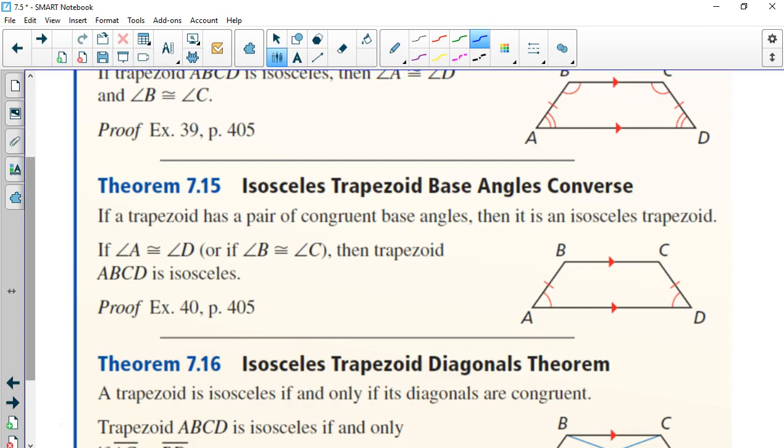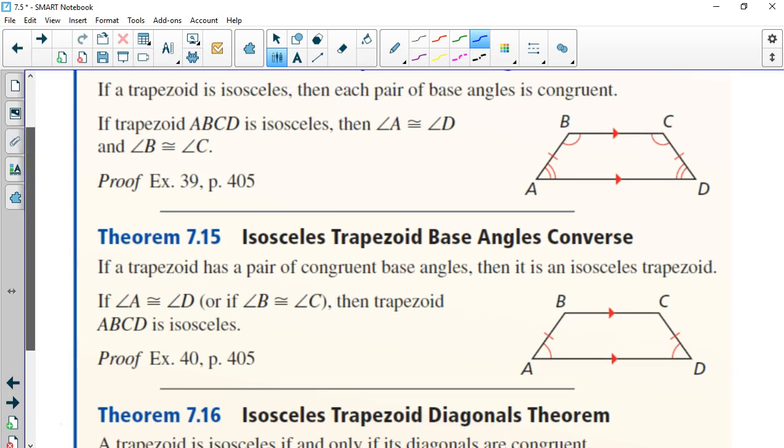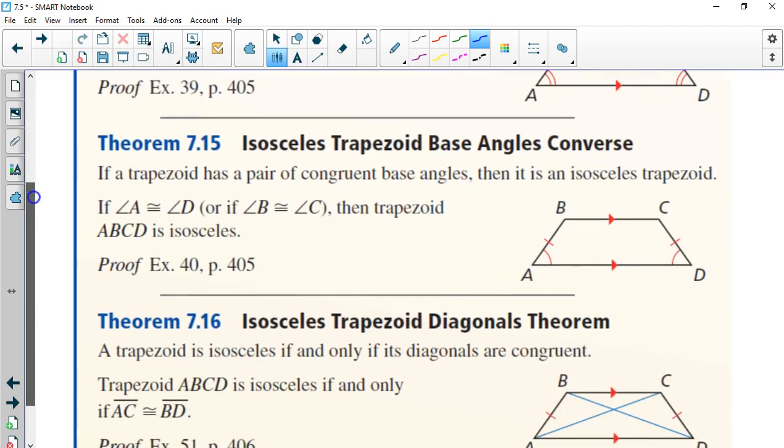And if it only has one pair of congruent angles, it's an isosceles. So the first one is if it's isosceles, the base angles are going to be equal. And on this one, if the trapezoid has one pair of congruent base angles, it's going to be isosceles.